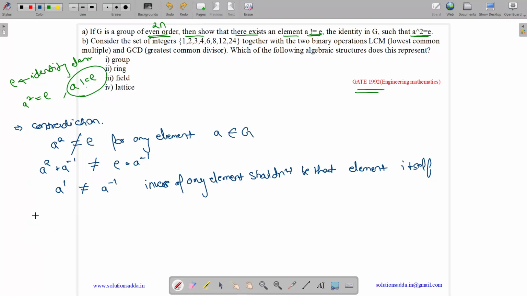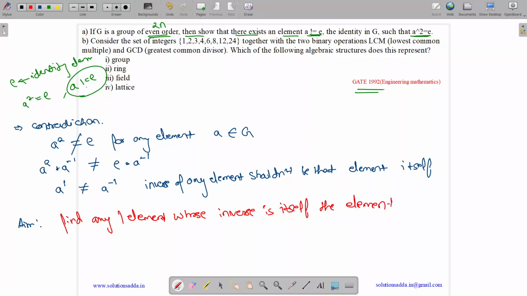So what is our aim? Our aim is to find any one element whose inverse is the element itself. Okay, we need to just find that element.